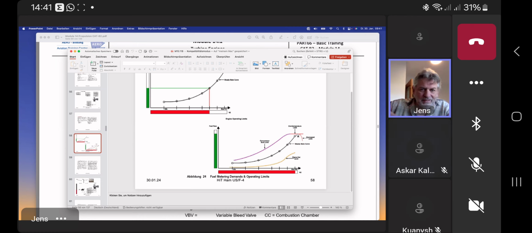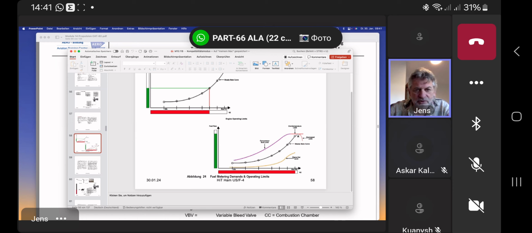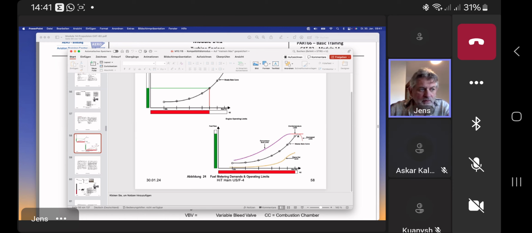About 20% will be extracted for other purposes out of the compressor. That means in the combustion section, just for an example, 80 kilograms will arrive. From this 80 kilograms of air, just a quarter, 25%, is used to be mixed with fuel and burned. The other 60 kilograms are used to cool and protect the combustion section.